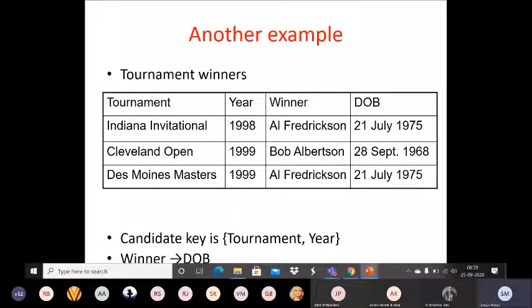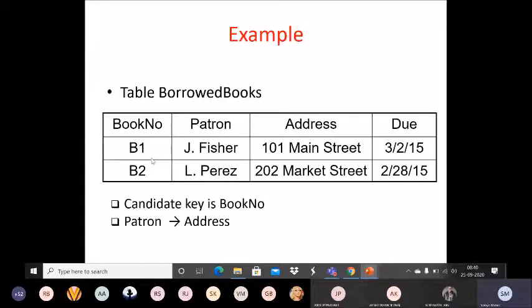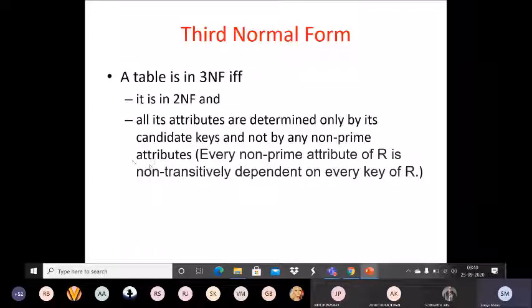In 3NF, all its attributes are determined only by its candidate key and not by any non-prime attribute. Any non-prime attribute can't determine one attribute. Now BCNF will tell you that it should be determined by its candidate key.